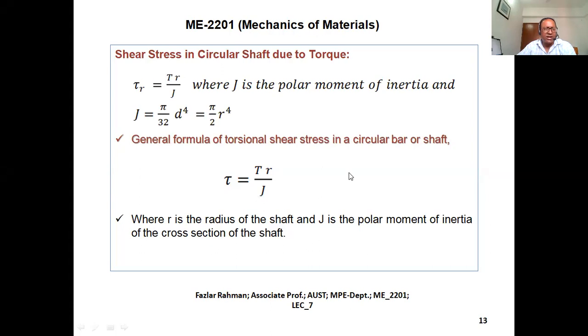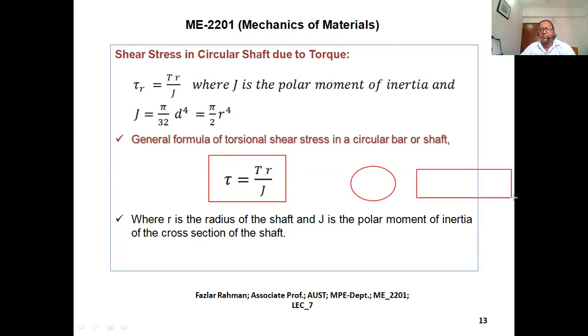Okay, in the last class, we derived this formula. What is this formula? If you have a circular shaft, and the shaft has a certain length, then if you apply the torque, and you are applying torque right over here clockwise, over here it will react anti-clockwise.